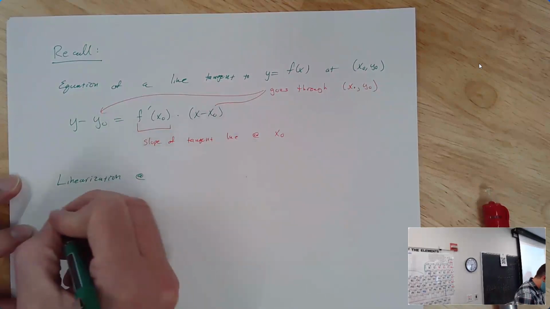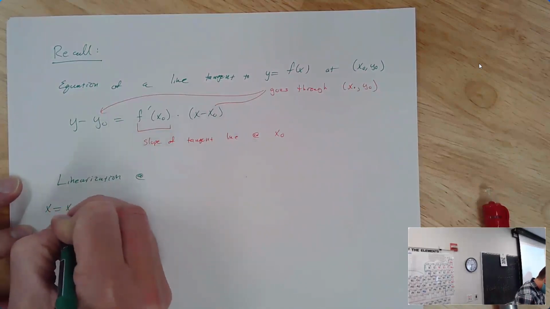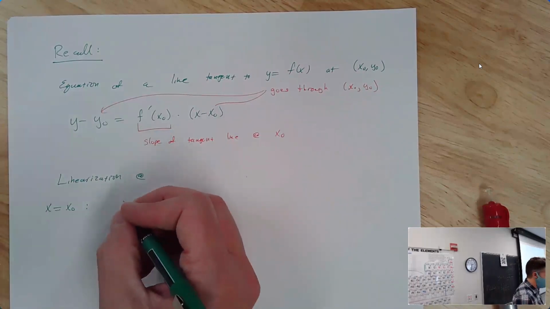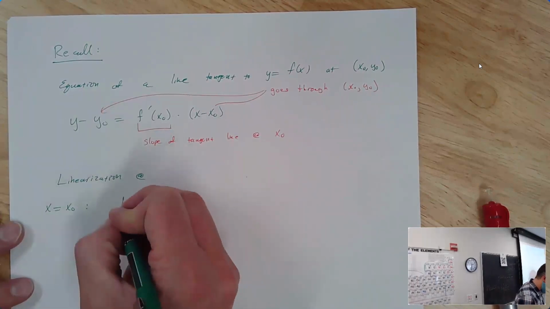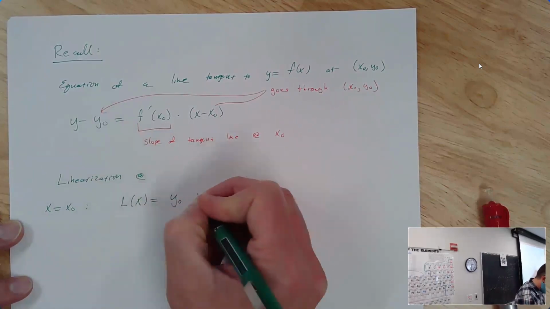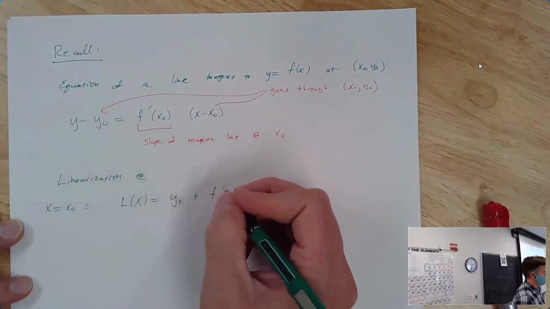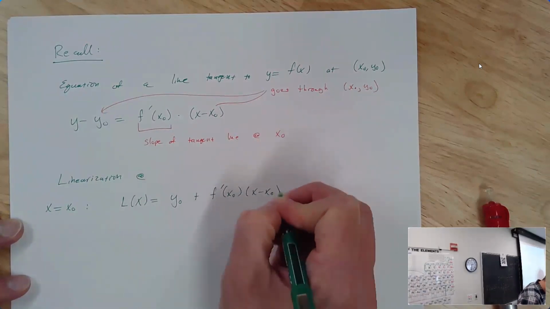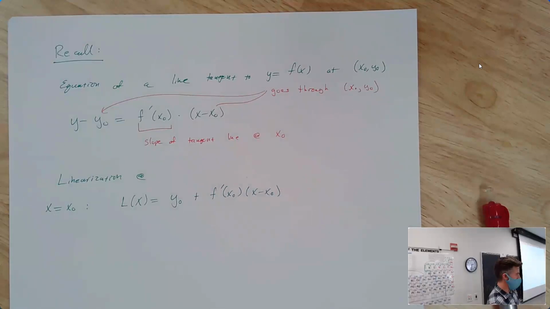The linearization at x equals x naught would be, I'm just going to solve for y, but I'm going to call it L of x because it's a linearization. L of x equals y naught, plus f prime of x naught times x minus x naught.